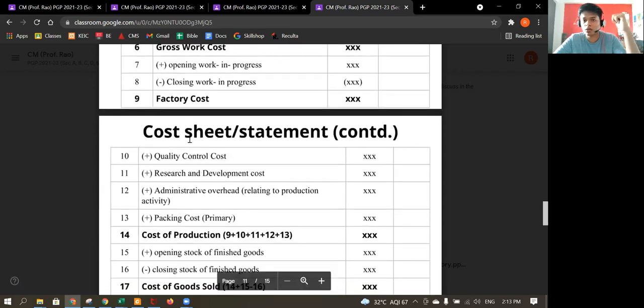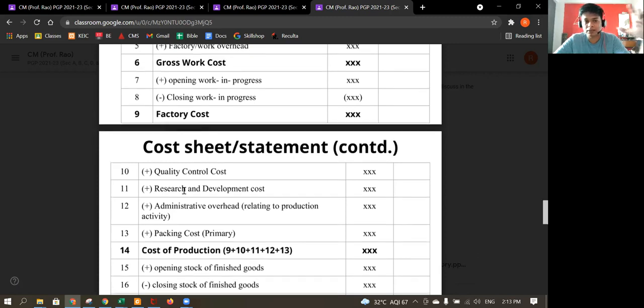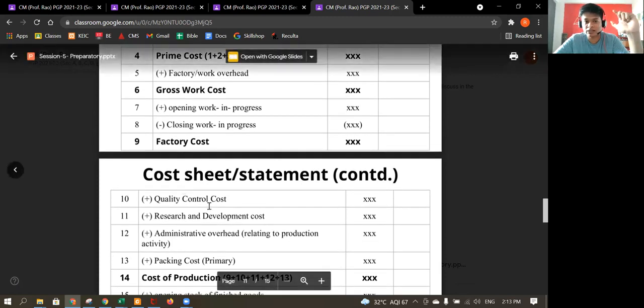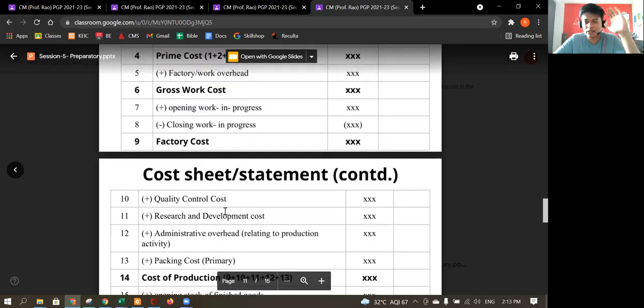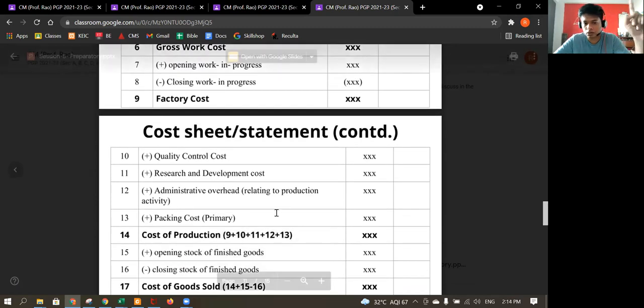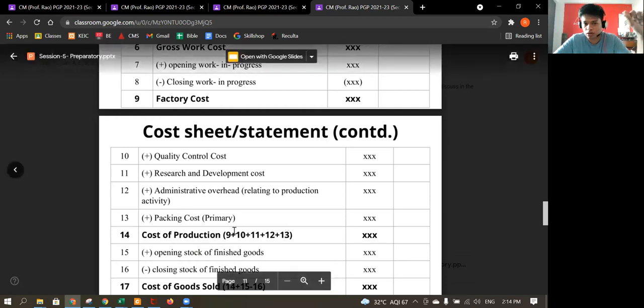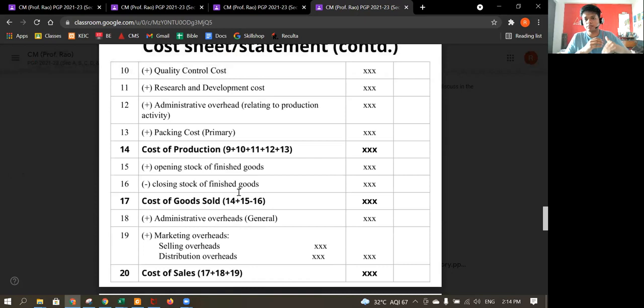To factory cost you add those costs which are quality control, research and development, administrative, packing, which are like indirect expenses. What is the difference between this factory overhead and these overheads? These are directly related to production but are not direct expenses. I'll not go too much into detail because I'll confuse you, so I'm just not going into details. Cost of production: you add everything till now, that is cost of production. Plus opening finished goods minus closing finished goods.